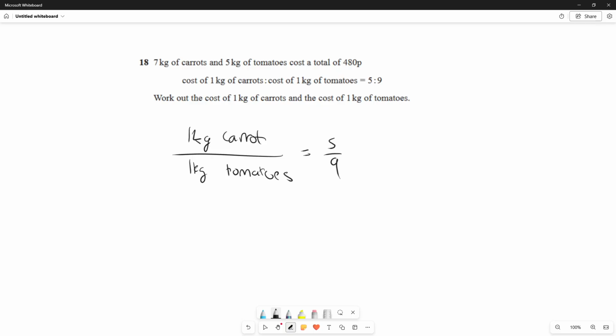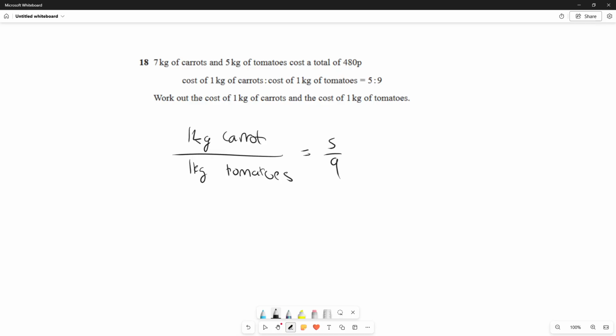Okay, so we can agree on that because that's how ratios work. When you see these ratios, we have x colon y, it's actually x divided by y, and that's equal to 5 colon 9, which is 5 divided by 9. This is one way to represent ratios. So we have now represented that in word form here.